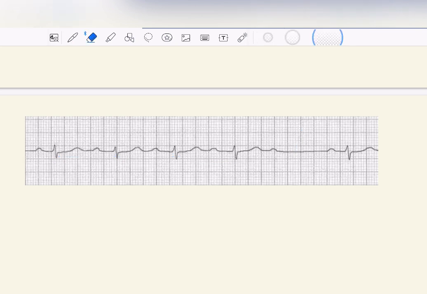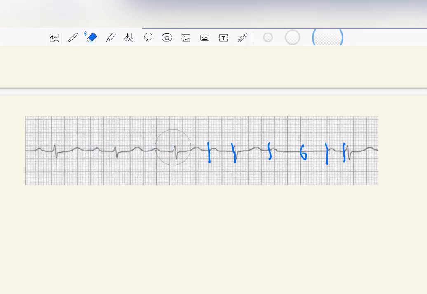And see, the PR interval is prolonged from the onset of P wave to the onset of QRS. It's around 7 to 8 small squares, here around 9, here around 9, and here around 10. Here you see a missed beat, and here again it's 7.